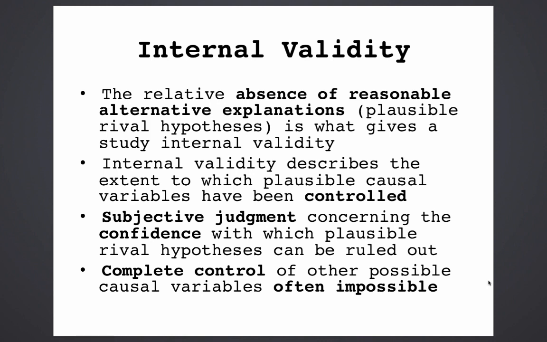So do they implement designs that control for all of the additional variables that could be contributing to any change that we see? We also can use our subjective judgment to determine whether or not we have confidence that there's no other plausible hypothesis that could be explaining the results. And so a lot of that will be based on referring to other results in the literature as you discuss your new findings, and so studies can be judged based on that.